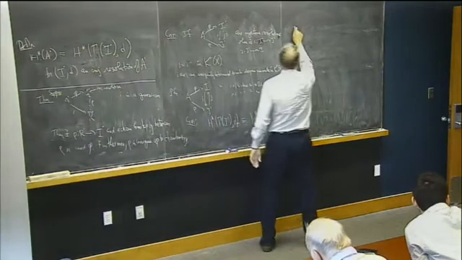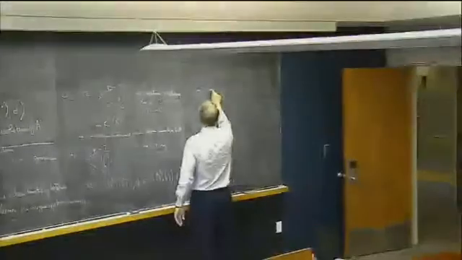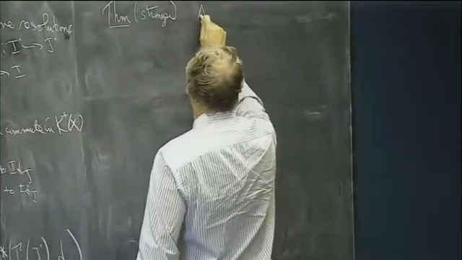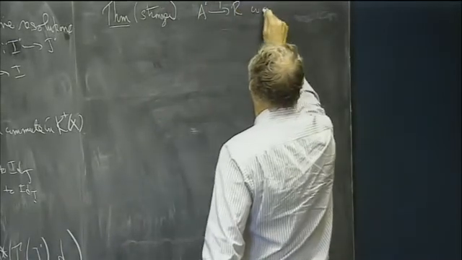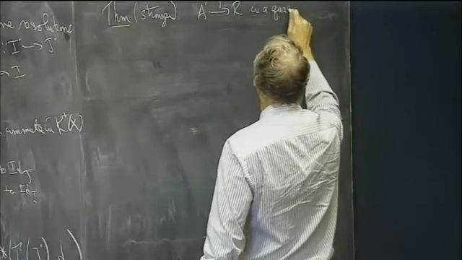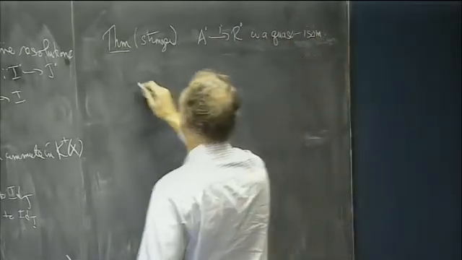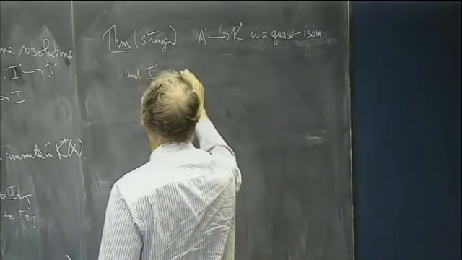So, theorem, slightly stronger. Suppose that A to R is a quasi-isomorphism, and I is an injective sheaf, an injective complex.